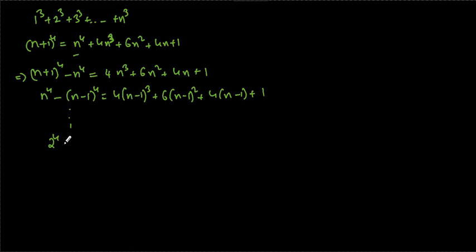I get 2^4 - 1^4 is equal to 4 into 1^3 + 6 into 1^2 + 4 into 1 + 1.